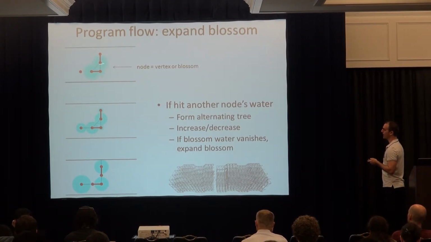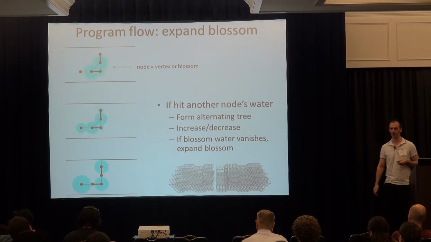So now you already have a blossom. You're going to start here, expand until the blossom water goes to 0. That's what's happened here. We've squeezed all the blossom water away. And we need to keep expanding. To do that, we need to expand the blossom. We've got to break it apart. All right, once you do that, you have a nice chain of vertices. You can keep expanding, contracting, expanding, contracting, expanding until you hit something of interest and you augment back the path.